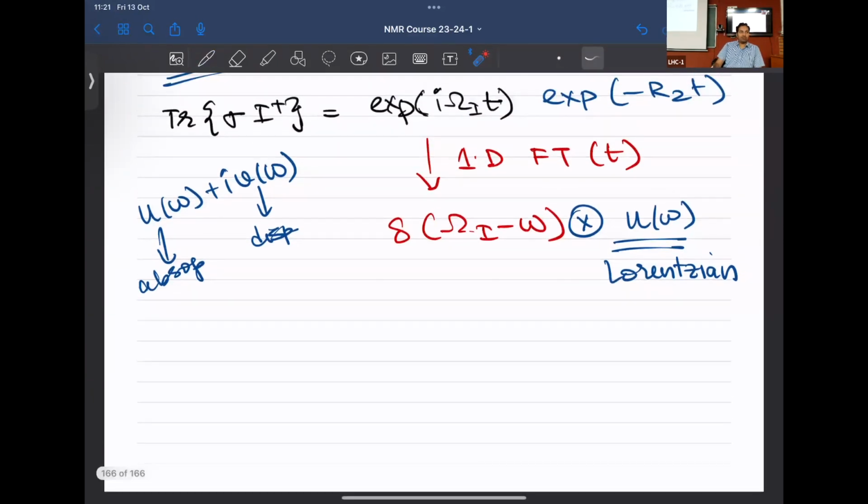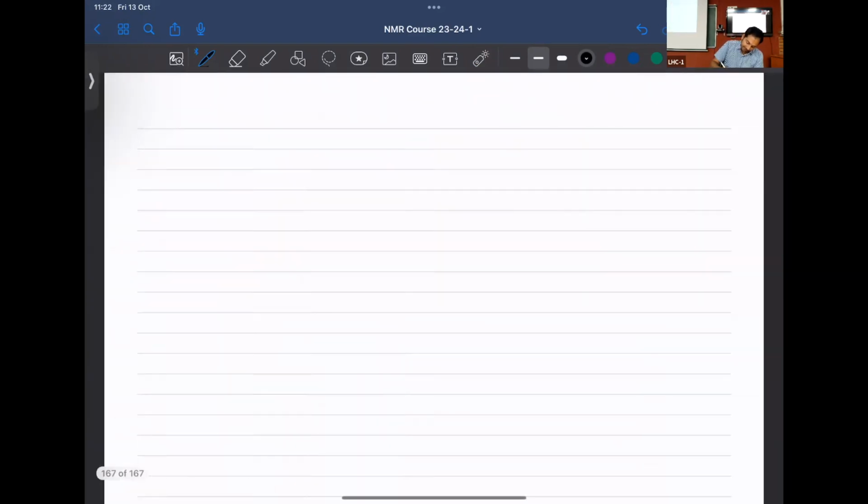Without going to the pulse program, let me ask from the density matrix perspective, what should be the density matrix to get a 2D NMR spectrum? If we understand this, then all that we have to do is to generate the density matrix. So first, let's ask what density matrix will give me 2D. Fair question to ask?